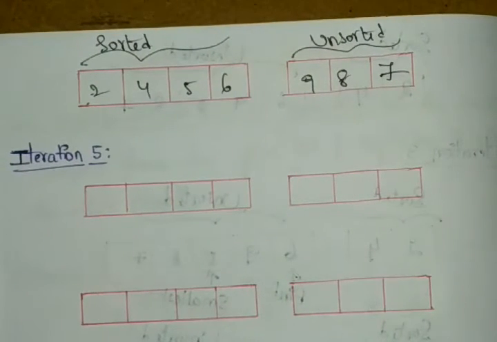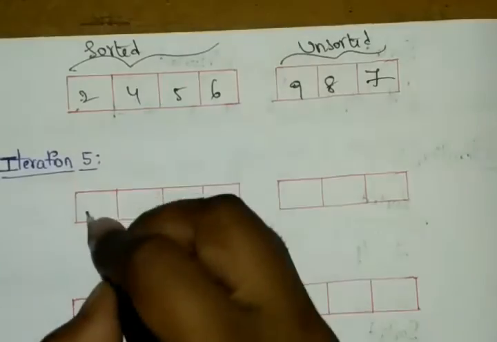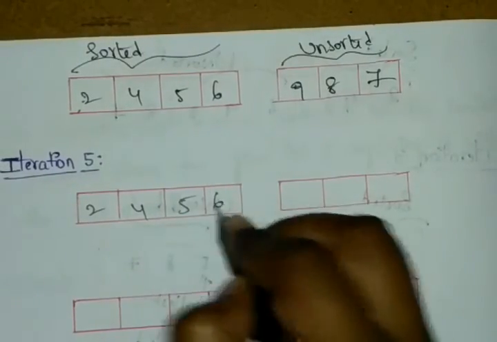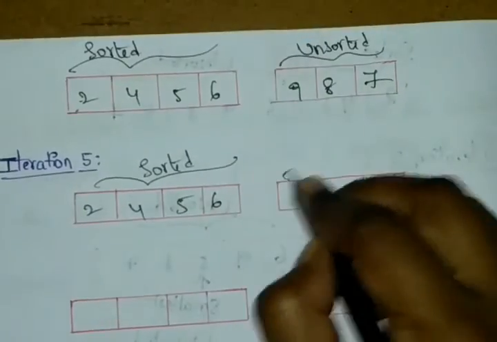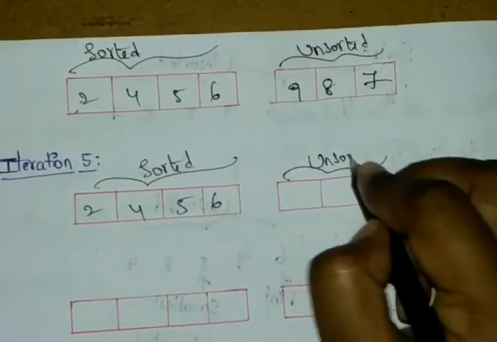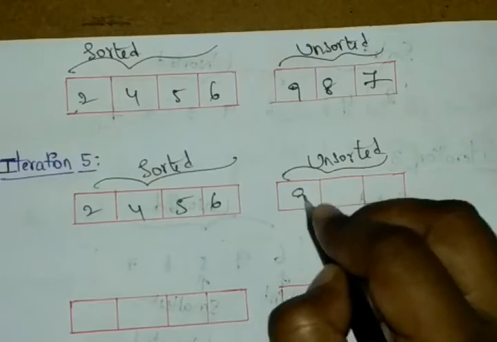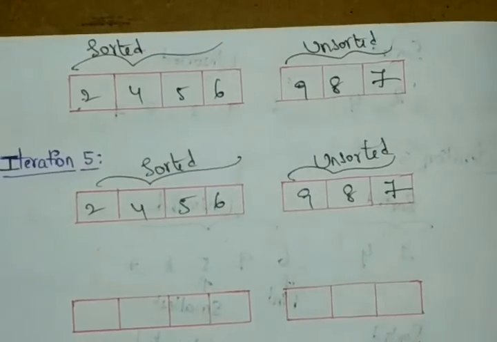And again we need to start iteration 5. 2, 4, 5 and 6. Now these are the sorted list and this is the unsorted one. So here we have the 9, 8 and the 7.